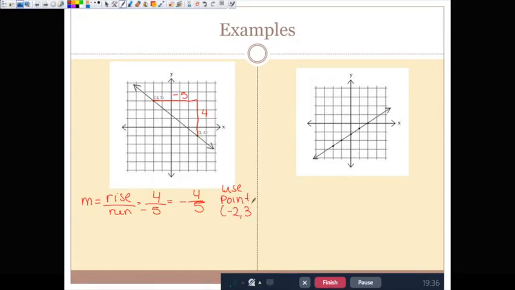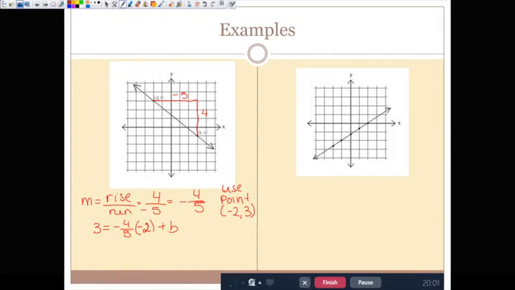So I'm going to use -2, 3 to find my b. So y is 3, my m is -4 over 5, and my x is -2, plus b.